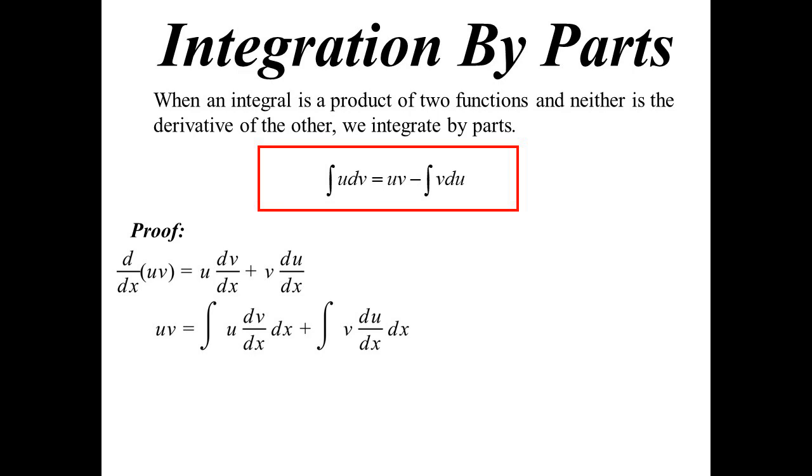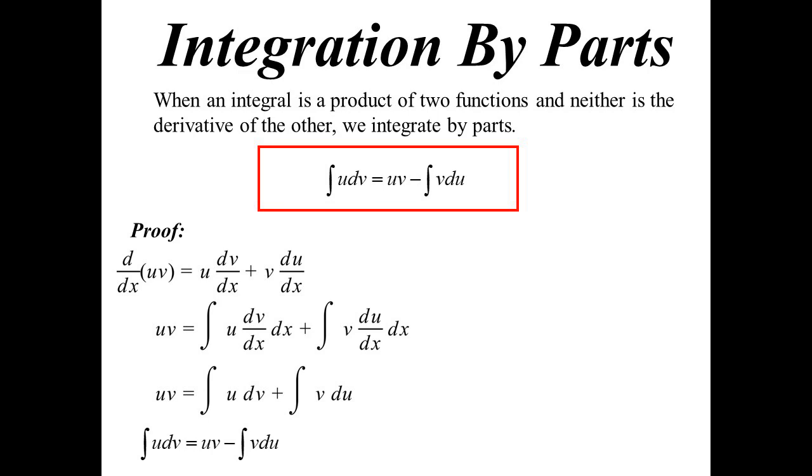Again, not notation I like seeing normally, but as we're talking about functions rather than pronumerals, we can sort of get away with this. The dx's, if you like, cancel. It's just like a fraction, and we end up with our formula, rearrange it, and there it is. So that's where it comes from, basically. So the integral of u dv is uv minus the integral of v du.